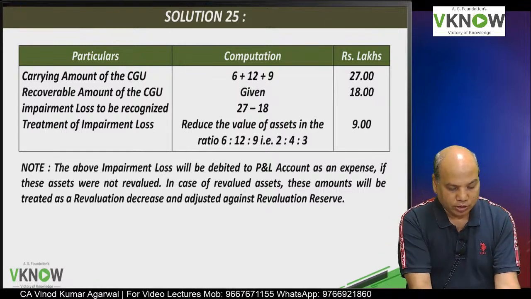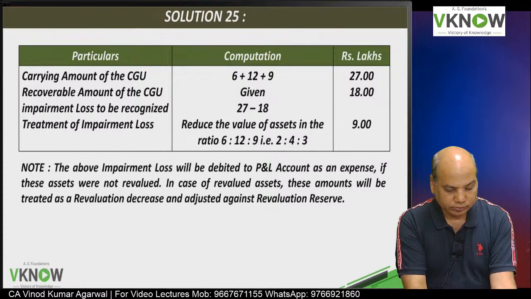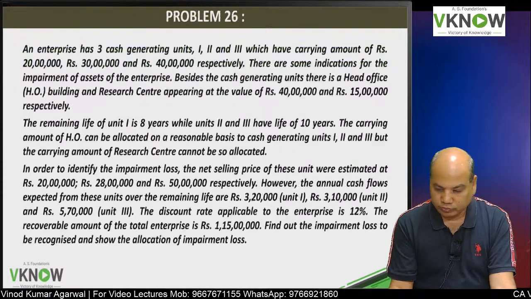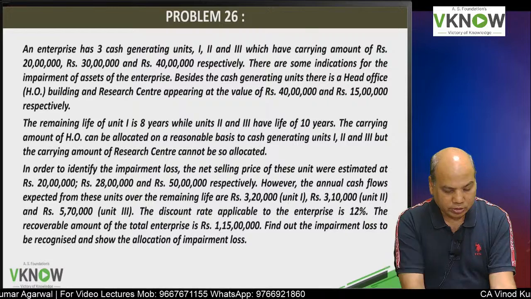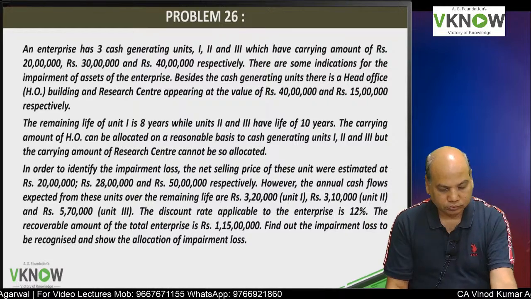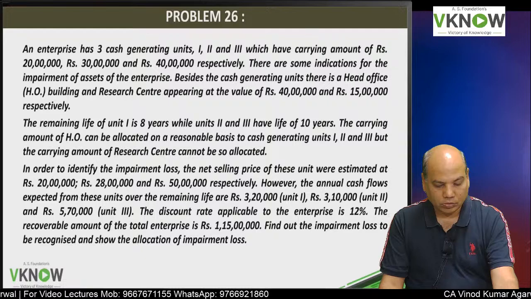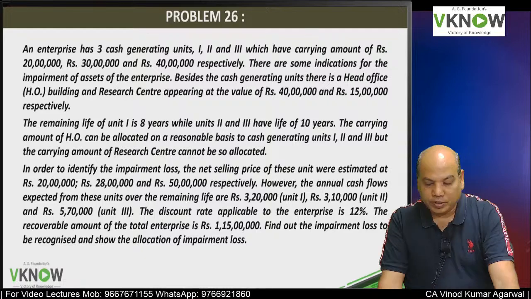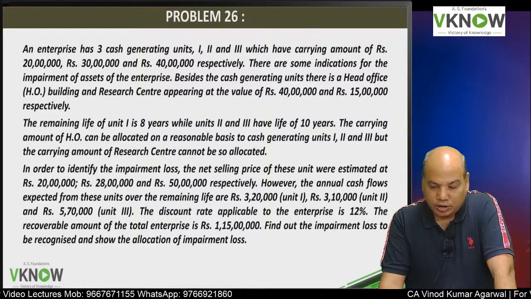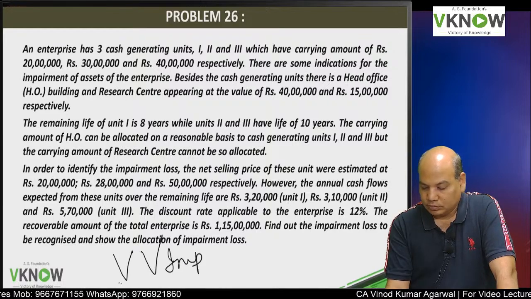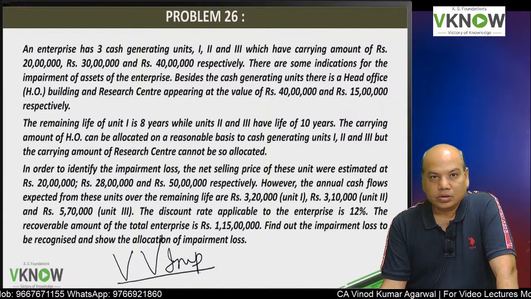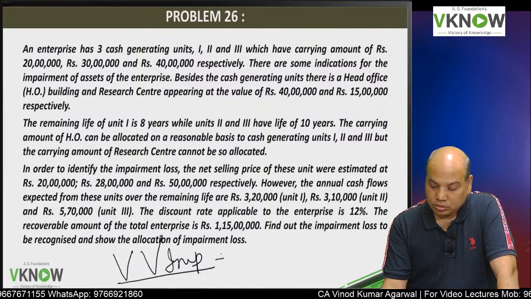Okay. Now come to one big question. Question number 26. An enterprise has 3 cash generating units. Very, very important. Source: reference book, beyond study material.